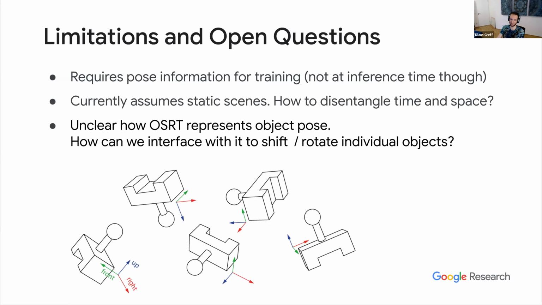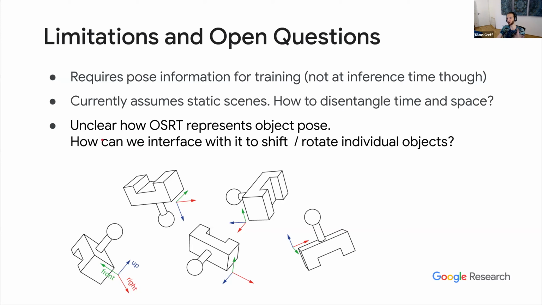Of course, there are still some limitations and open questions. This model still requires some pose information for training. It currently assumes static scenes, and we don't currently know how we would go about disentangling time and space if we wanted to do that. And it is also not entirely clear how OSRT actually handles object pose.